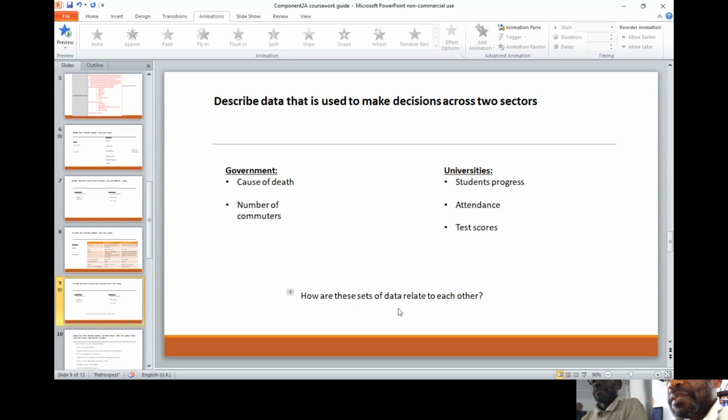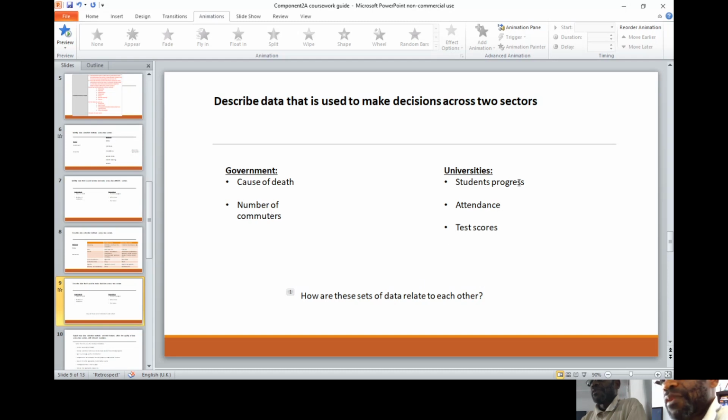How are these sets of data related to each other? That's what you need to identify. You need to use that to describe this data. How are these two pieces of information related to one another?